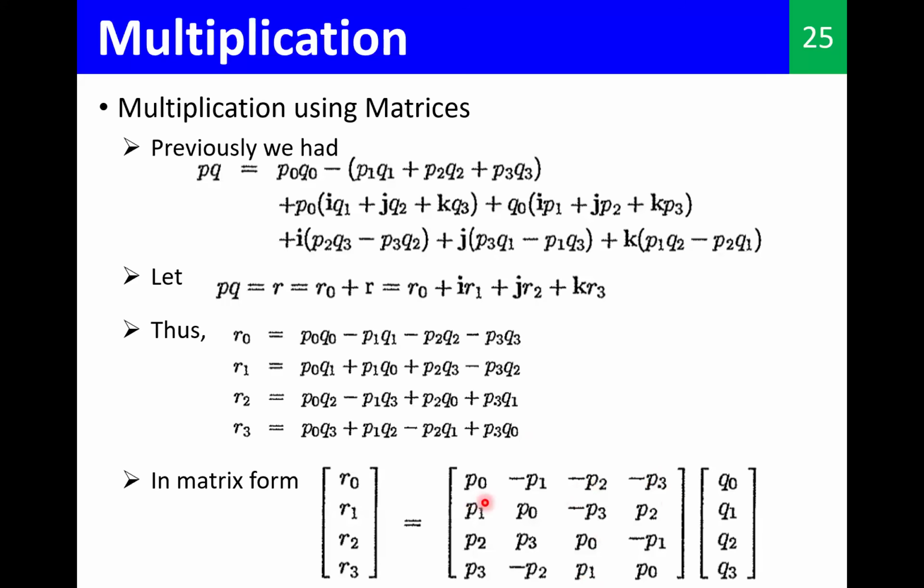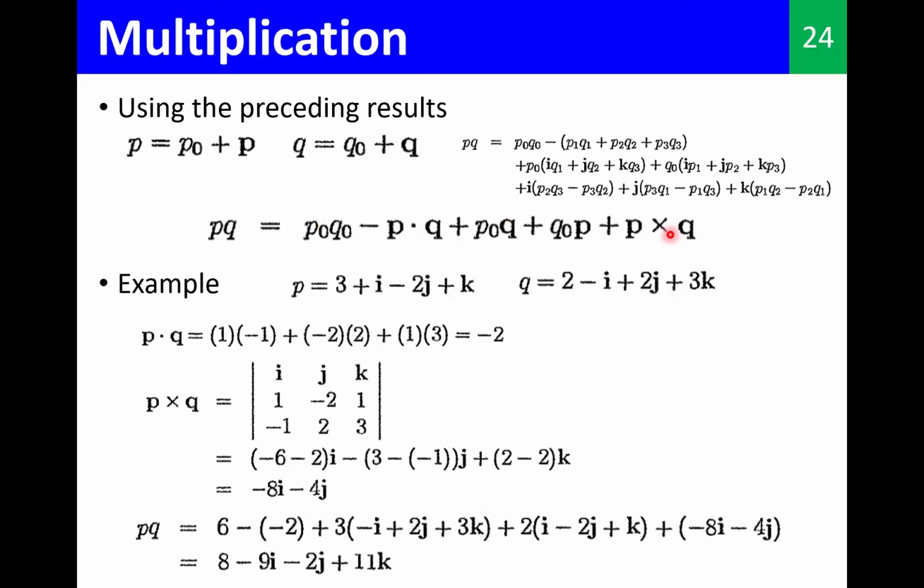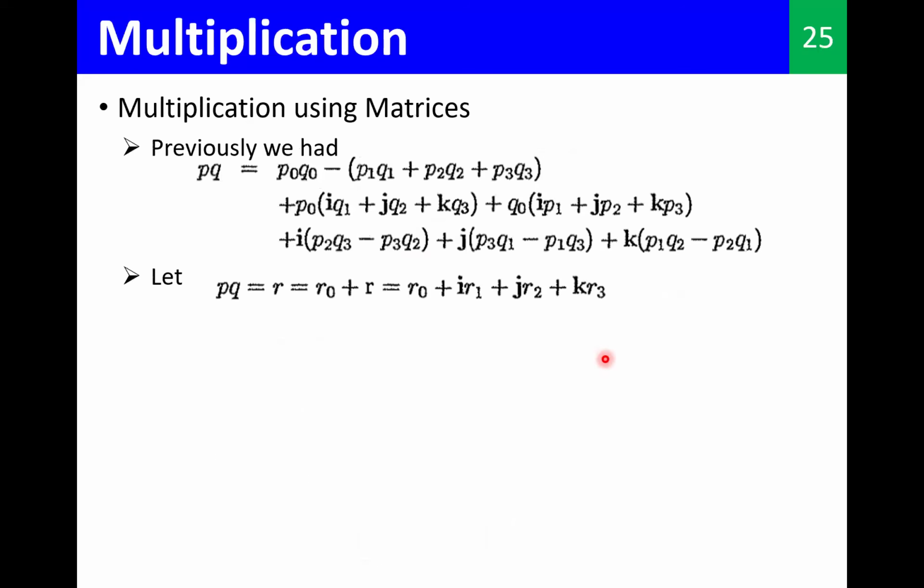So this is generated by taking the elements of this P quaternion, P0, P1, P2, P3. I put it in a special pattern, and you get the matrix vector product. And again, you can find out the multiplication as well. Okay, so that is also another way of doing the multiplication. Or as I showed before, this is the other formula you can use to find the product of quaternions.